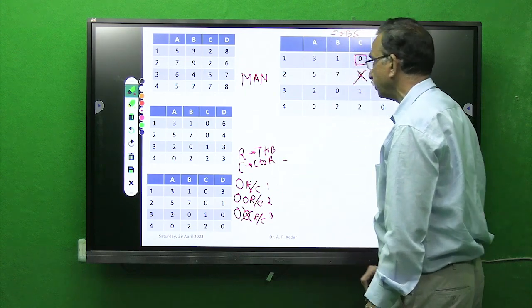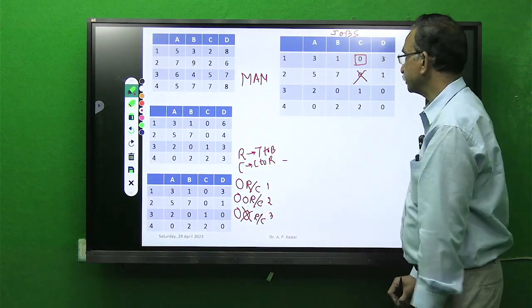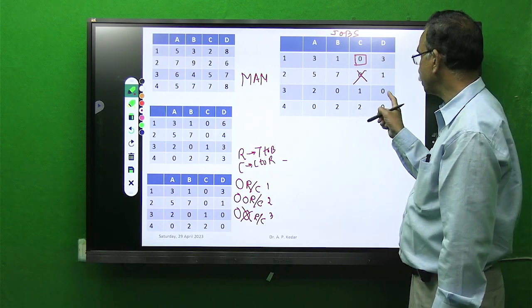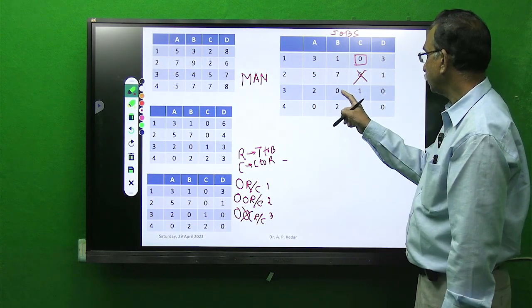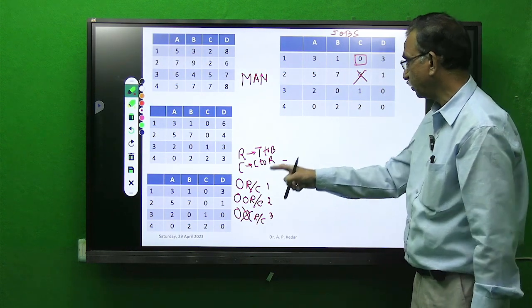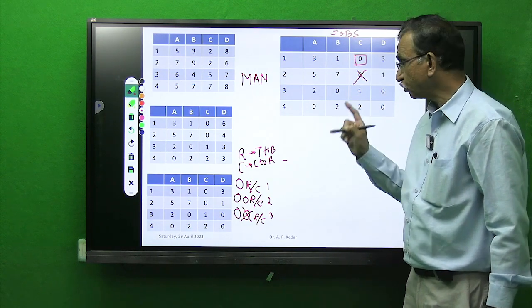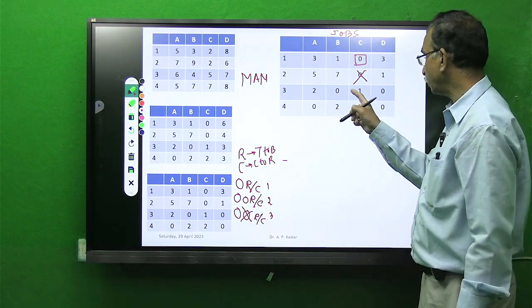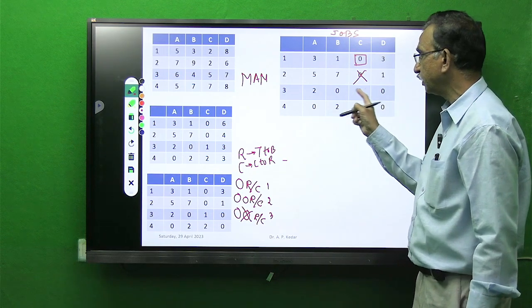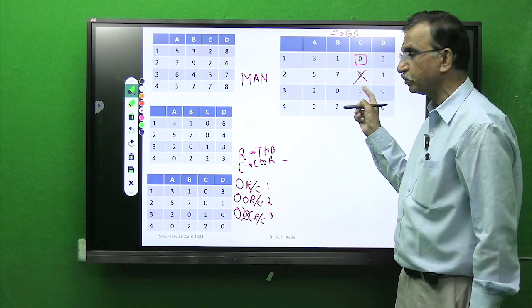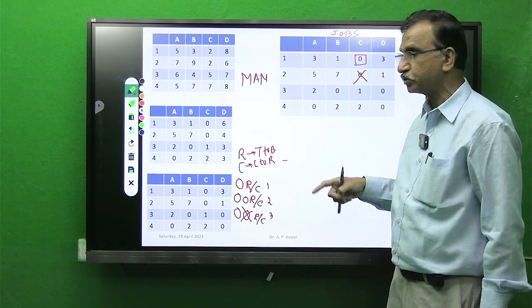This is the hierarchy to be followed. We have to remember this. Now again in the third row there are 2 zeros. So we will go for rows with a single 0. So we will not do any assignment in this particular row. We will shift over to the next row.